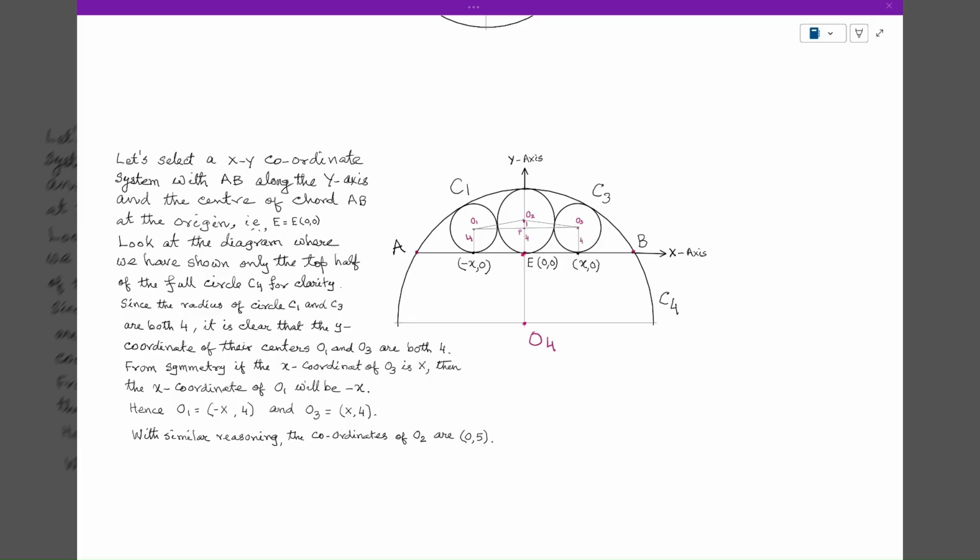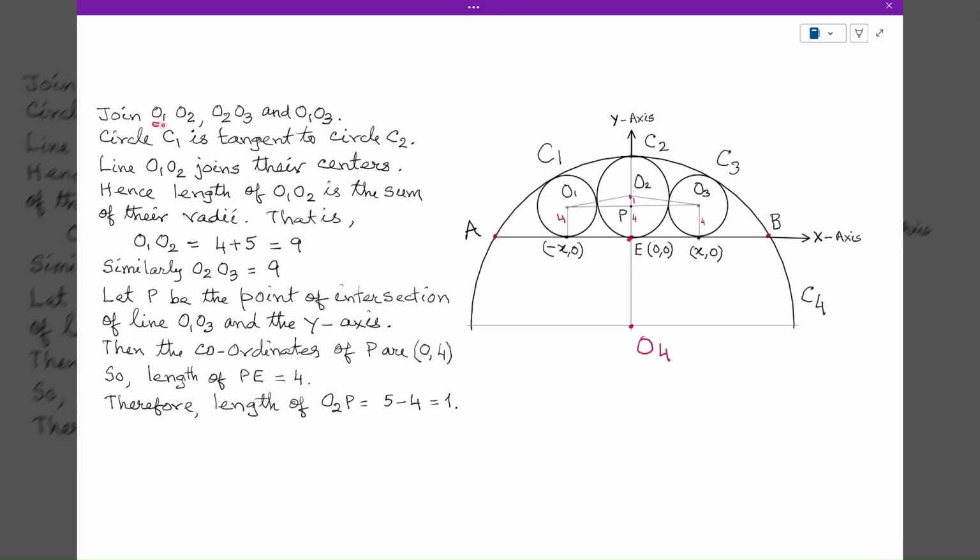Hence, O1 will have the coordinates (-x, 4) and O3 will have the coordinates (x, 4). With similar reasoning, the coordinates of O2 are (0, 5).